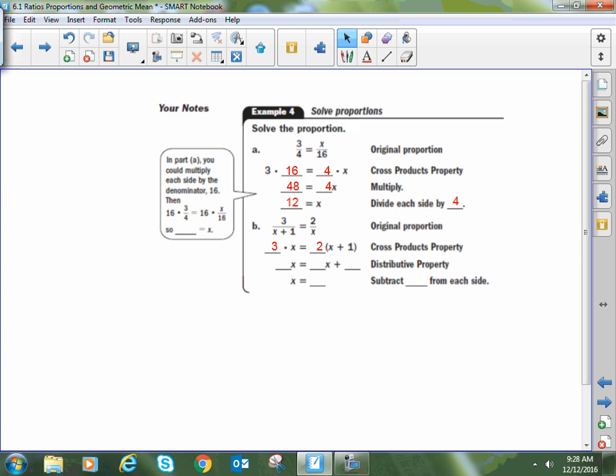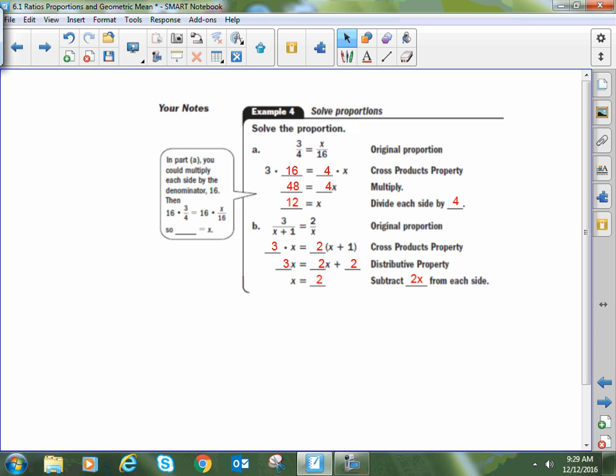Pay attention that they're keeping the expression x plus 1 in parentheses, because we're going to use our property of distribution here, and we're going to have to multiply the 2 to the entire expression. It's not just 2 times x. So on the left side we just get 3x, but on the right side when I distribute the 2, I get 2x plus 2. Move the 2x from the right side to the left side, and in this case x is equal to 2.